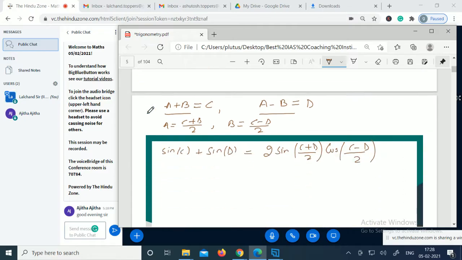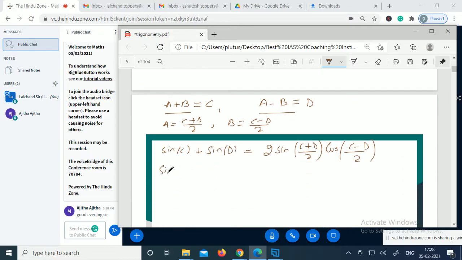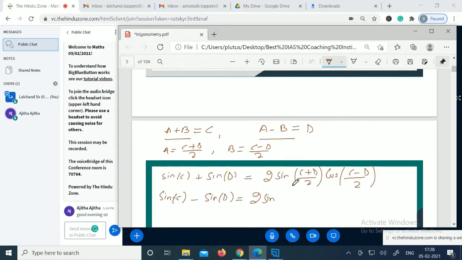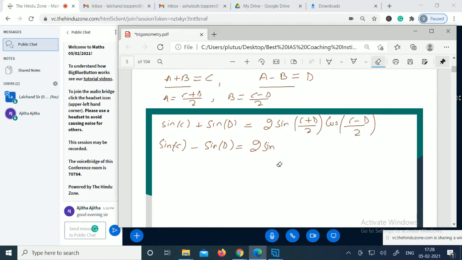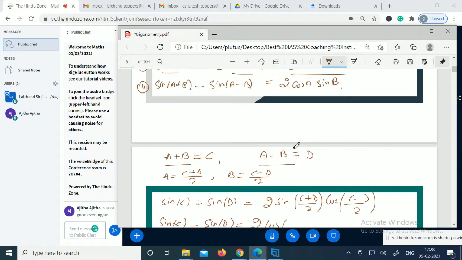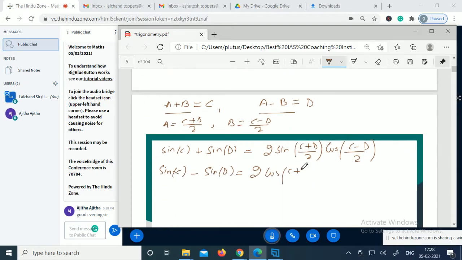If I substitute in the fourth formula, then the fourth formula will be sine C minus sine D, equal to 2 cos (C plus D by 2) sine (C minus D by 2).